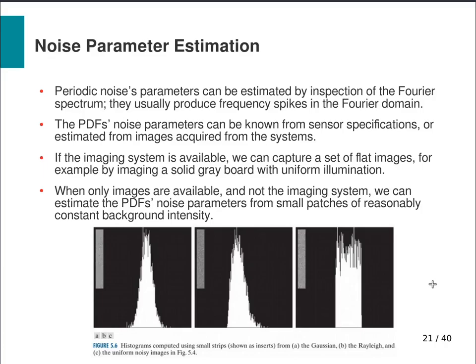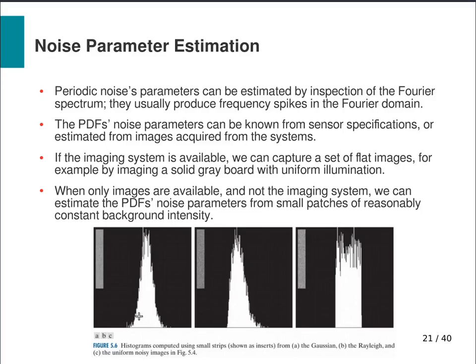Let's say we have an image that has some regions with constant intensity. If we select those regions and draw the histogram of those regions, we can see that since the noise is applied to all the sections of the image uniformly, this is a good representation of the amount of noise that is present in the image.